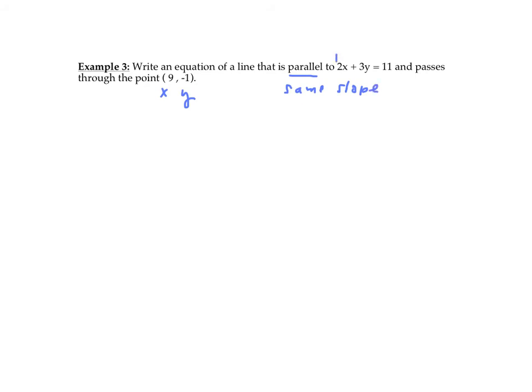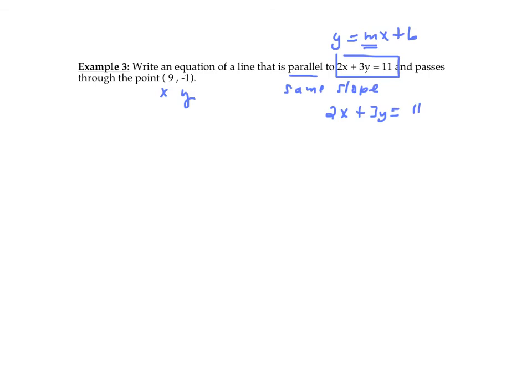So we need to find the slope of this line. So to do that, take that 2x plus 3y equals 11 and rewrite it in y equals mx plus b form. If we can get y by itself, then the number in front of x will be our slope.